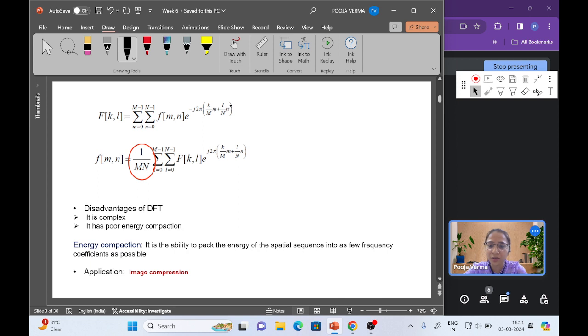This is the two-dimensional discrete Fourier transform.